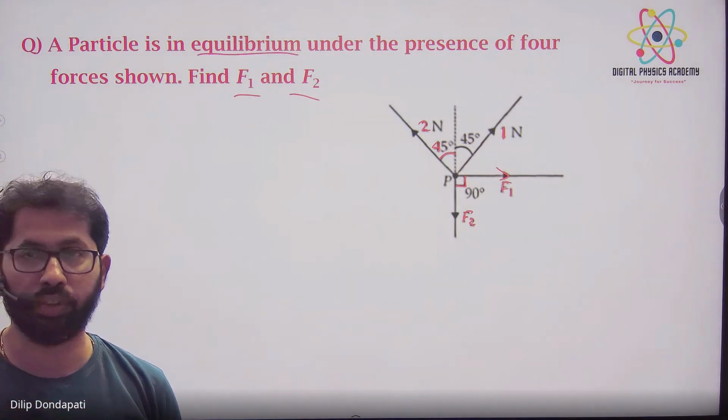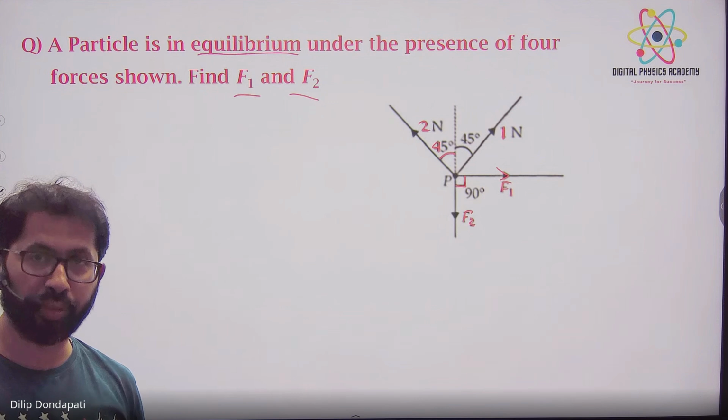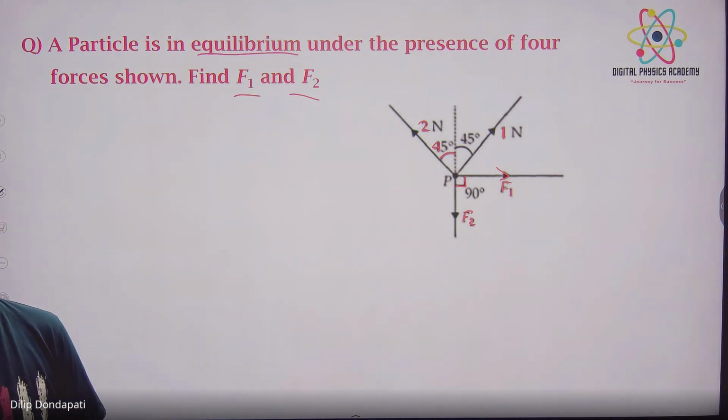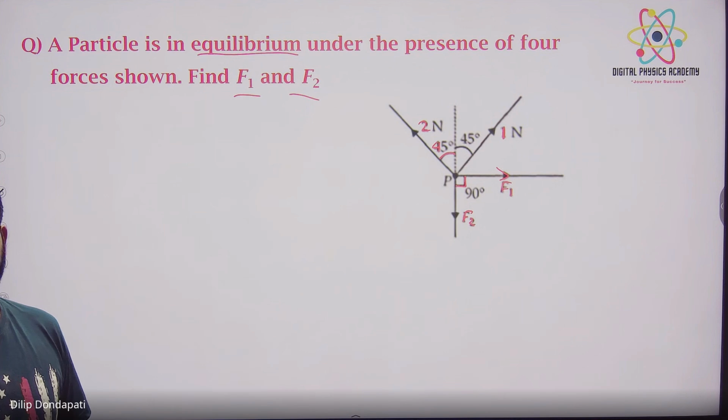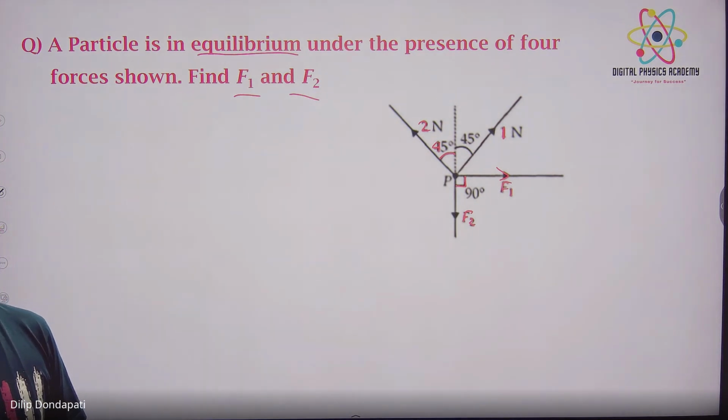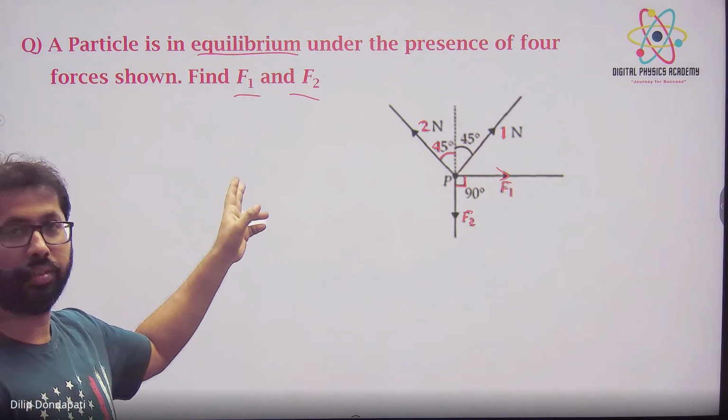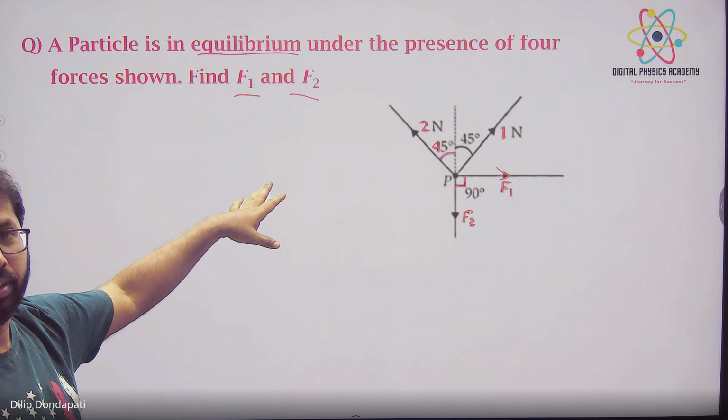Equilibrium means net force is 0. That means the x direction is also 0 and the y direction is also 0. Equate and try to find the answer. Solve it, copy it here. Understood? Question.